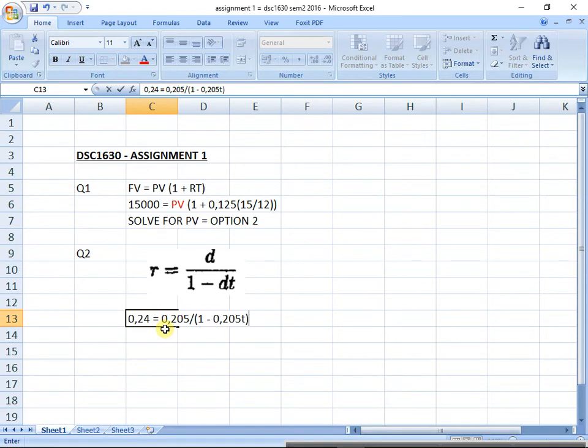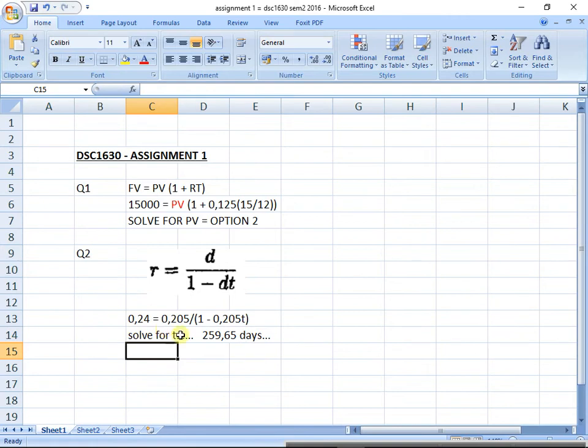Okay, solve for t. If I solve for t, t comes out to 259,65 days. That's what you get if you're solving for t.